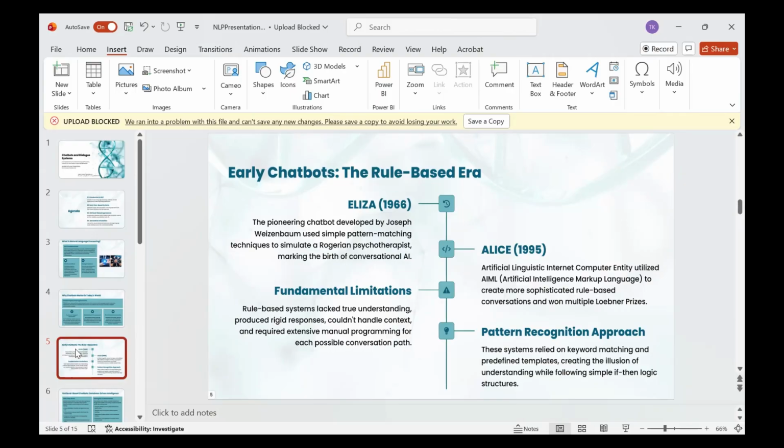It used Artificial Intelligence Markup Language to manage large sets of conversational templates and won multiple prizes for its performance. However, rule-based systems had major limitations. They lacked contextual understanding, offered rigid responses, and required manual programming for every possible dialogue path. Their pattern recognition was limited to surface-level keywords, giving only the appearance of intelligence. So, this is how the era of rule-based chatbots worked.